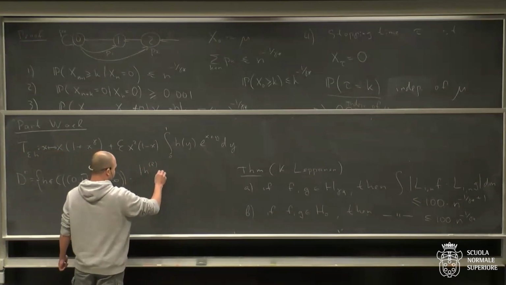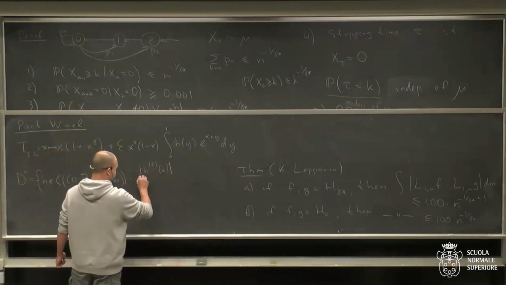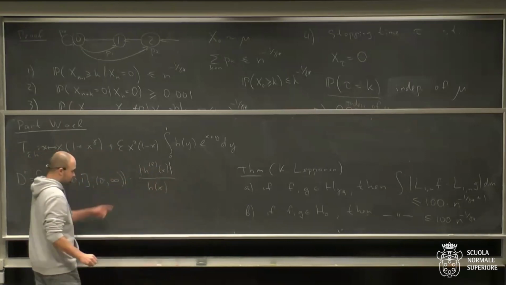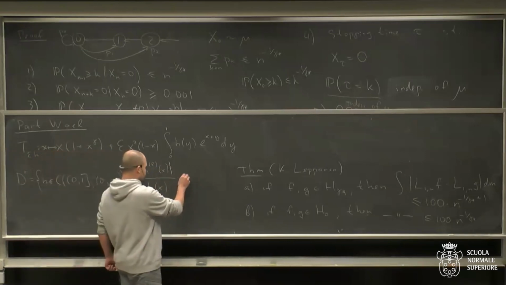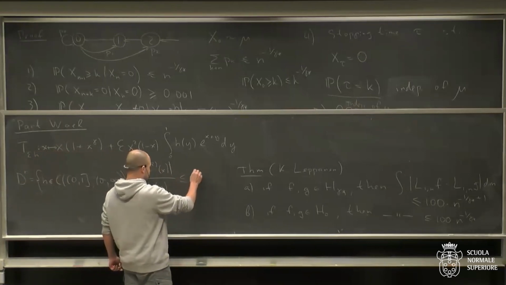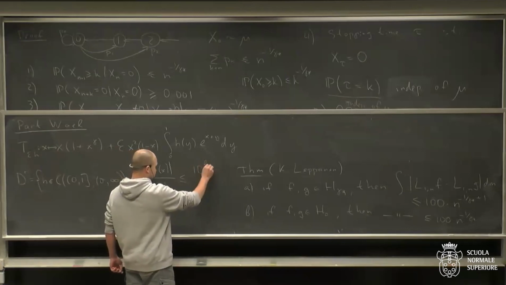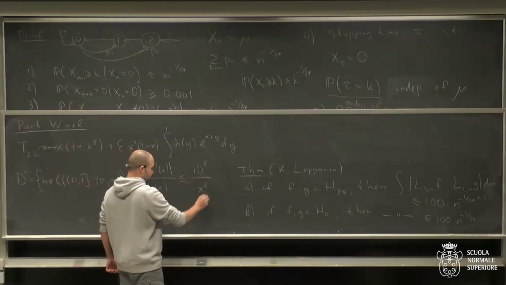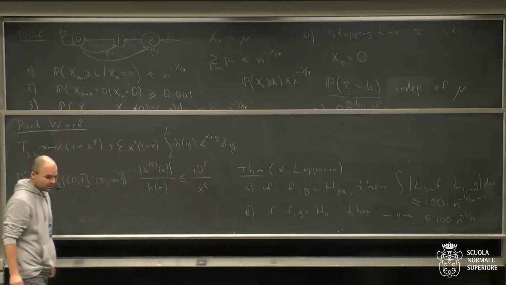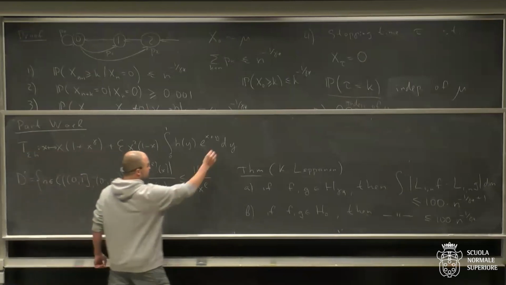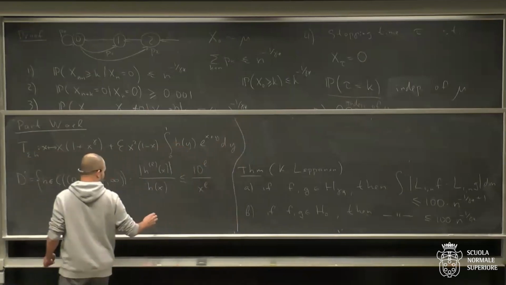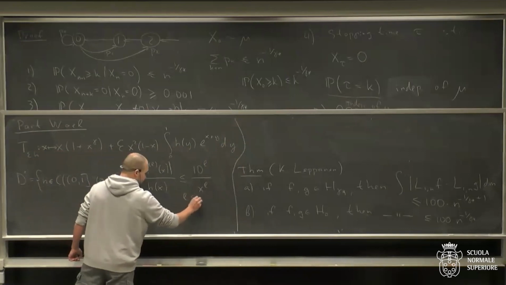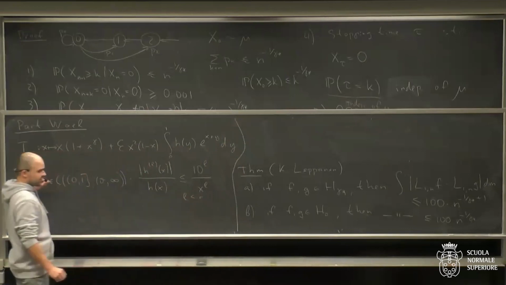The Lth derivative of h divided by h of x will be at most some constant which depends on L divided by x to the L, for L less than R, so R is my regularity.